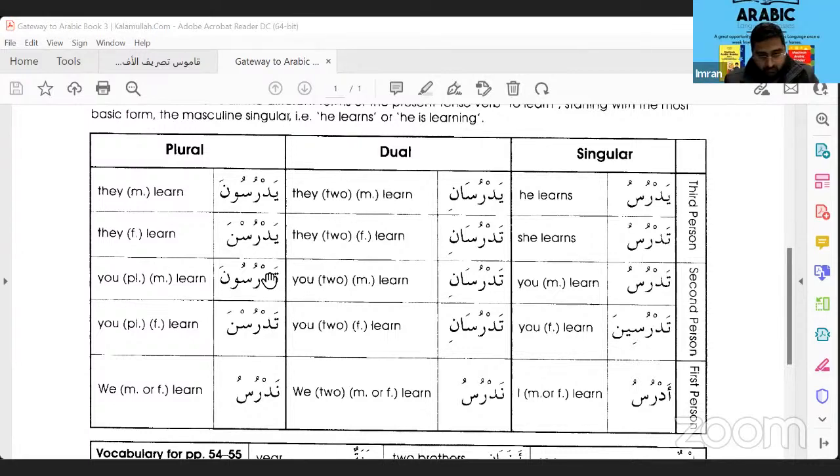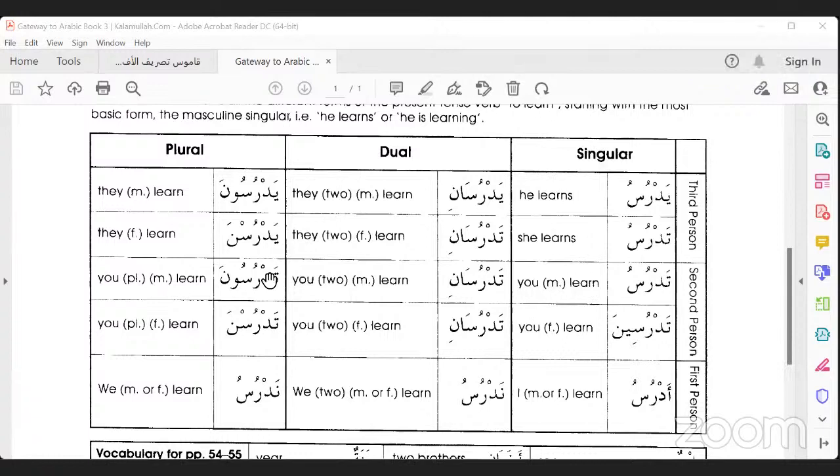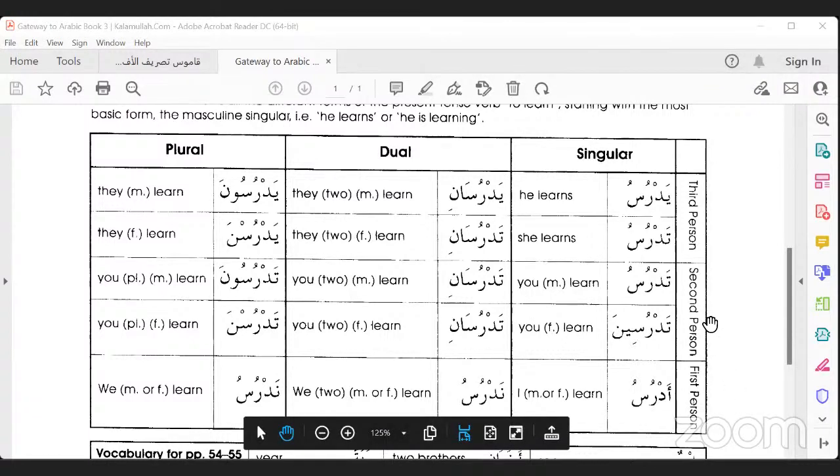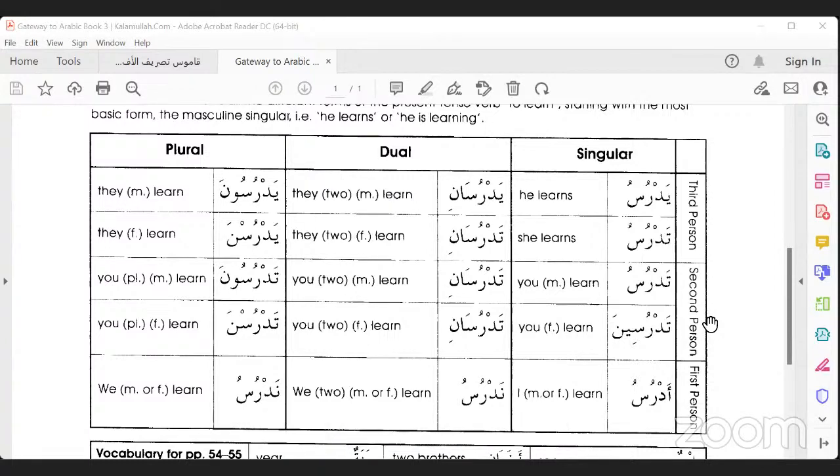Correct. Tadrusu, you male learn. Tadrusani, you two male learn. Tadrusuna, you all male learn. Tadrusina, you female learn. Tadrusani, you two female learn. Tadrusna, you all female learn.